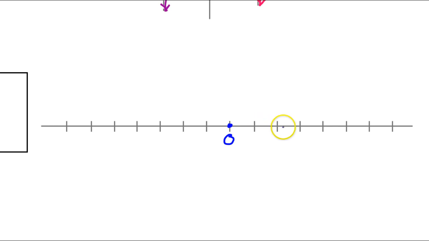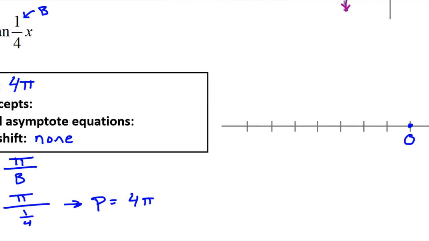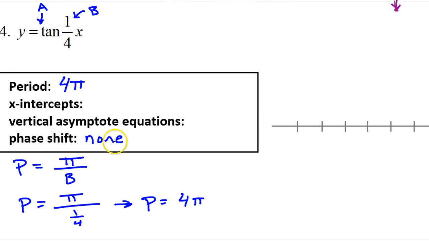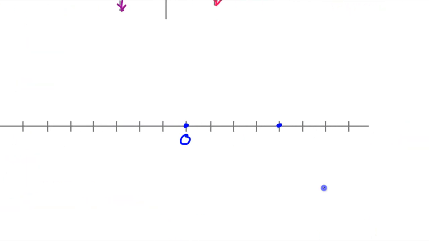And each one of these marks is going to represent 1/4 of the period. So if I just go over 4 spaces, 1, 2, 3, 4, then this should be the end of the period. Now, we already said that the period is 4 pi, so that means that this must be 4 pi, which means that this must be 2 pi, which means that this must be pi, and this must be 3 pi.